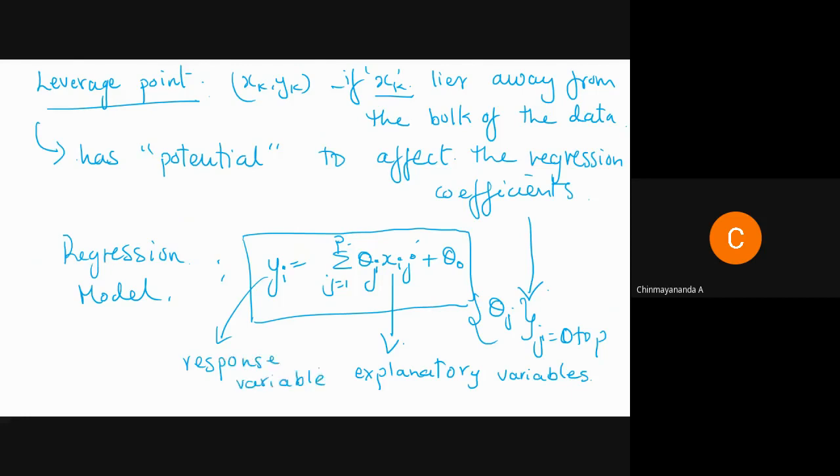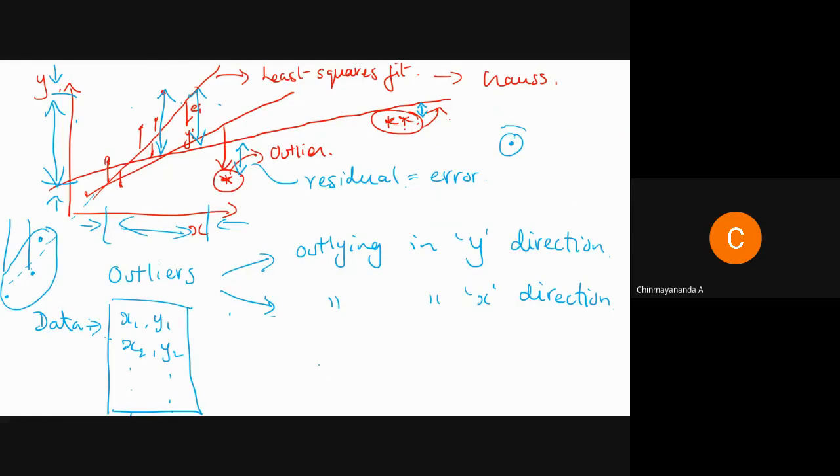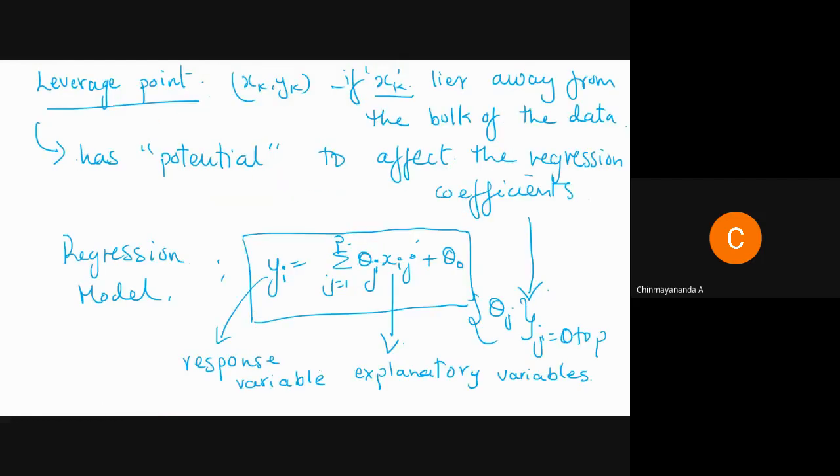So you see that even in just the two-dimensional case where p is equal to 1, you are not able to make out which point is the outlier just by seeing the residuals using least squares. Now this case will be more severe in multi-dimensions, let's say when p is greater than 1.